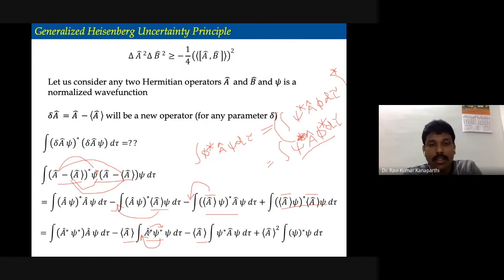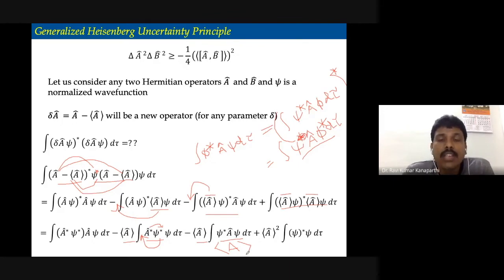So you can write like this, and then this term you can simplify: psi star A psi d tau. What is this? This is the expectation value of A itself, isn't it? What is the definition? If you have a normalized wave function, its expectation value is given by integral psi star operator multiplied by psi d tau.